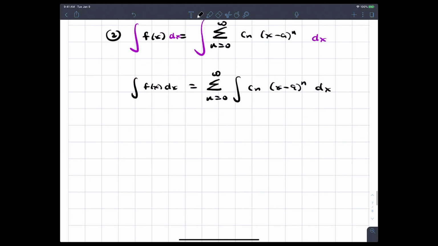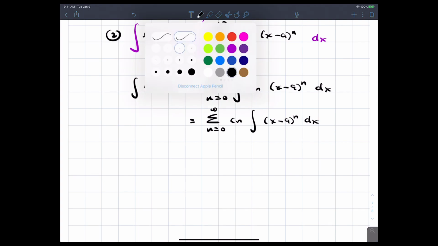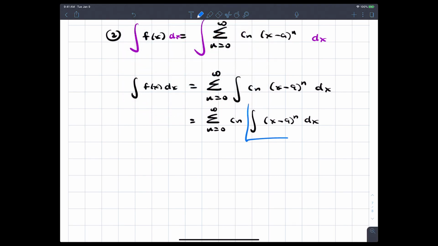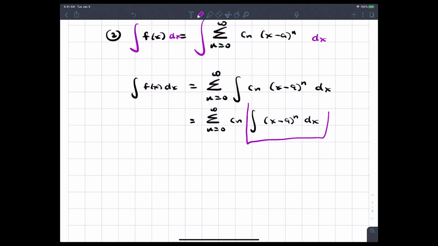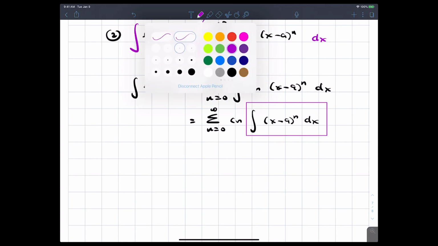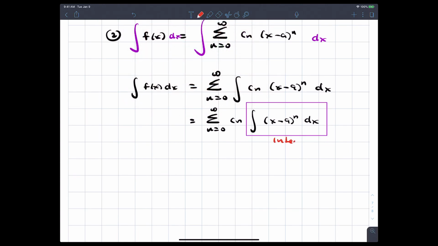We can pull out the constant like we did before: Cn times the integral of x minus a to the n dx. And now, just like before, in other words, we simply have to integrate here.